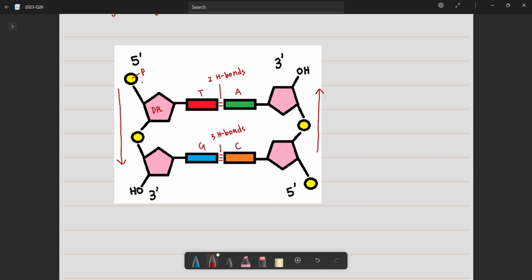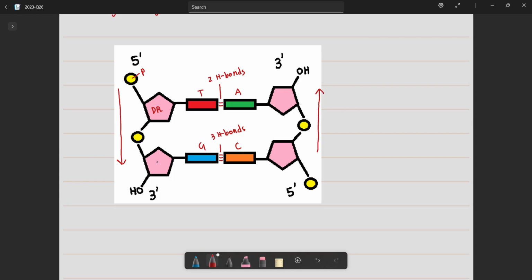So 5 prime is basically at the place where you see the free phosphate groups hanging outside the deoxyribose sugar. And the 3 prime is where you do not find the free phosphate group, but in the place of the phosphate group, you just see a hydroxyl group that is from the deoxyribose sugar.